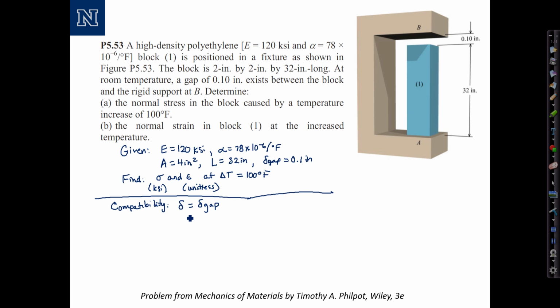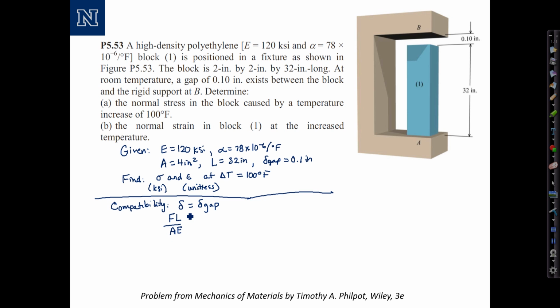Now, what causes or what contributes to the deflection? We have two terms here. First, any internal force that arises in the bar would cause a deflection. Delta equals FL over AE.